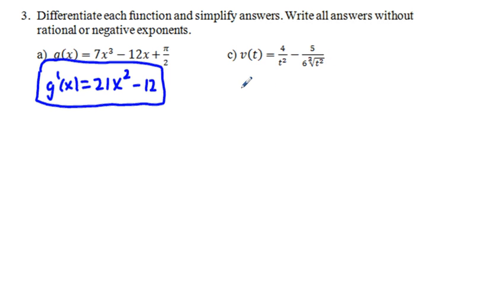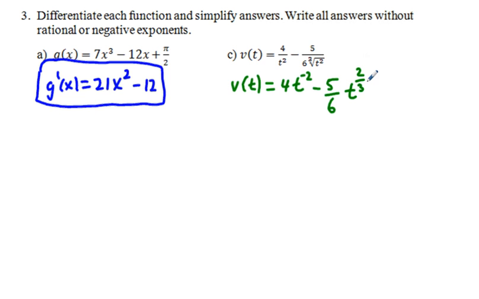And what we're going to do is rewrite this function in what I like to call calculus-friendly form, where we'll write this as 4t to the negative 2 power minus 5/6 t, and we have squared and a third root of that, so that's going to be t to the 2/3 power.